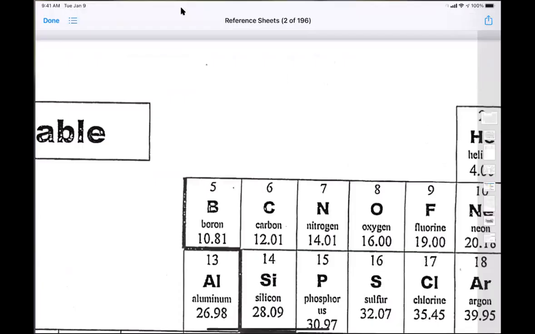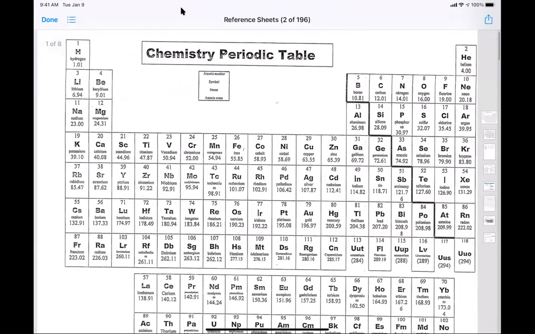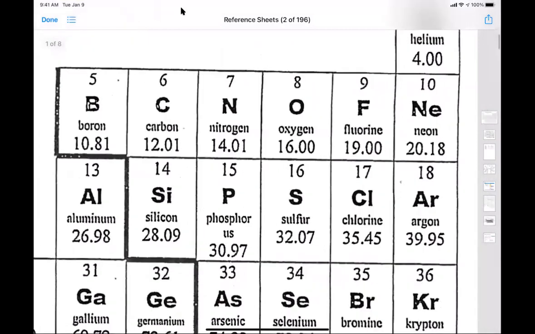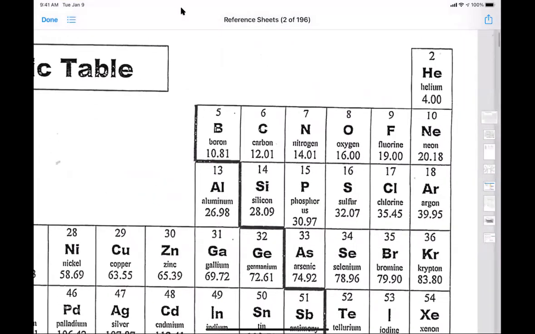Now, what we're supposed to do here is look at the noble gases. What noble gas is close to 16 but doesn't surpass 16?